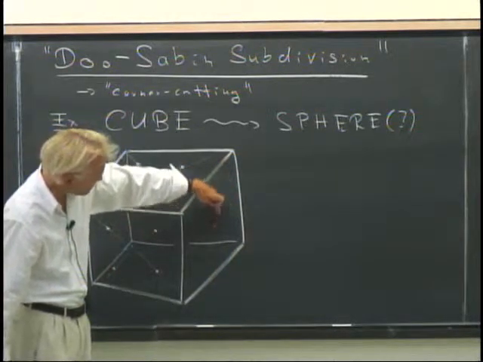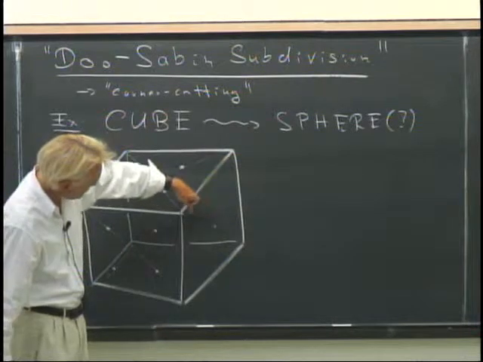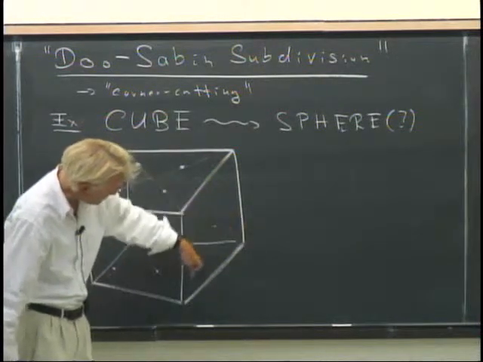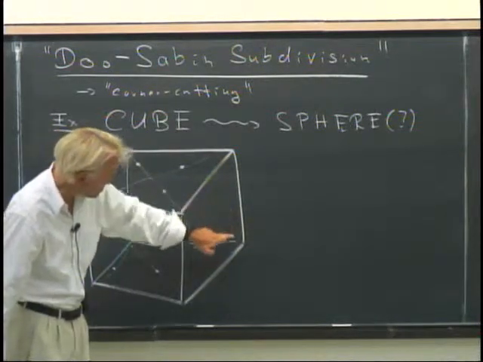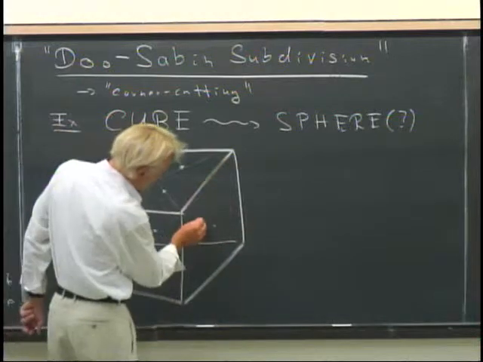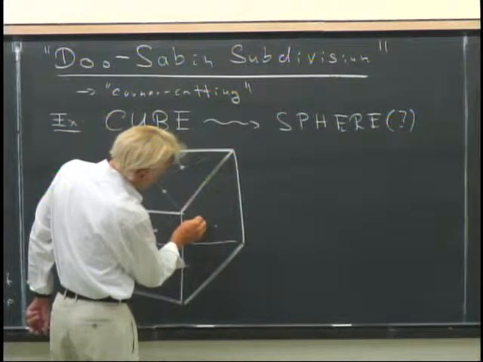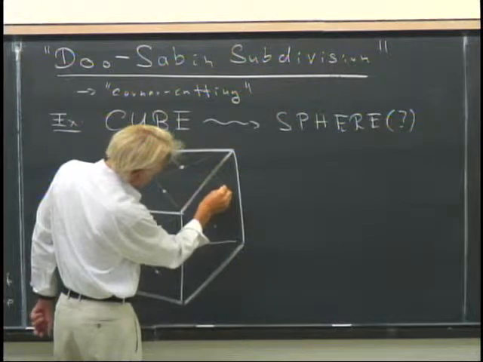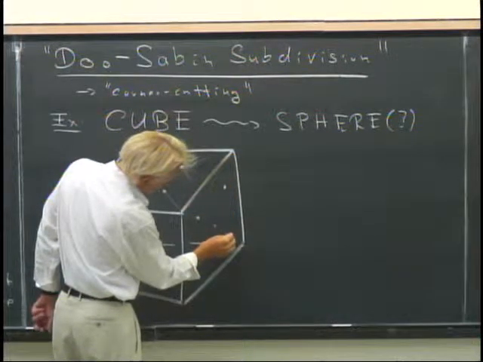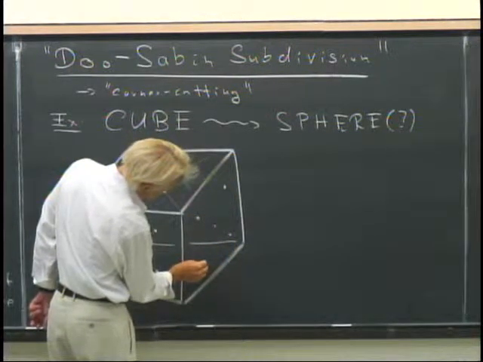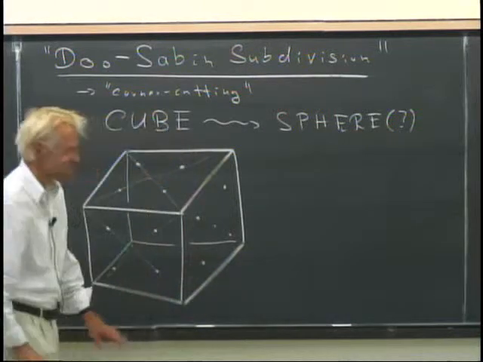You take the centroid, think about connecting it to the surrounding vertices, and take the midpoints of this spider net that you get. Get one here, get one here, get one here, and you get one here. Okay, and this is it.